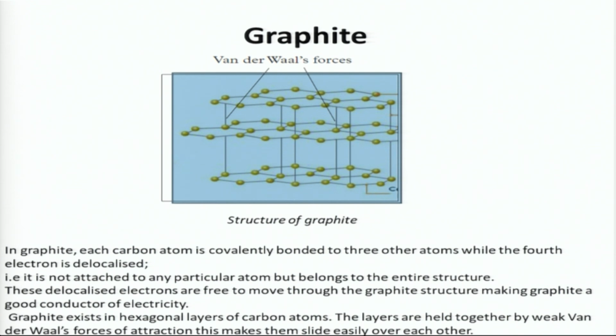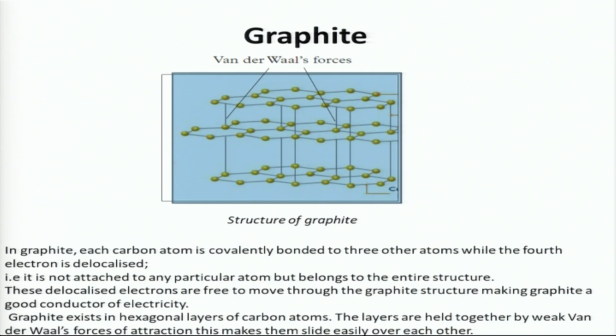But for the case of graphite, each carbon is bonded to only 3 carbons, all right? Only 3 carbons. And another electron is just free, is delocalized. So it is not attached to any particular atom, but belongs to the entire structure. That is the structure of graphite.